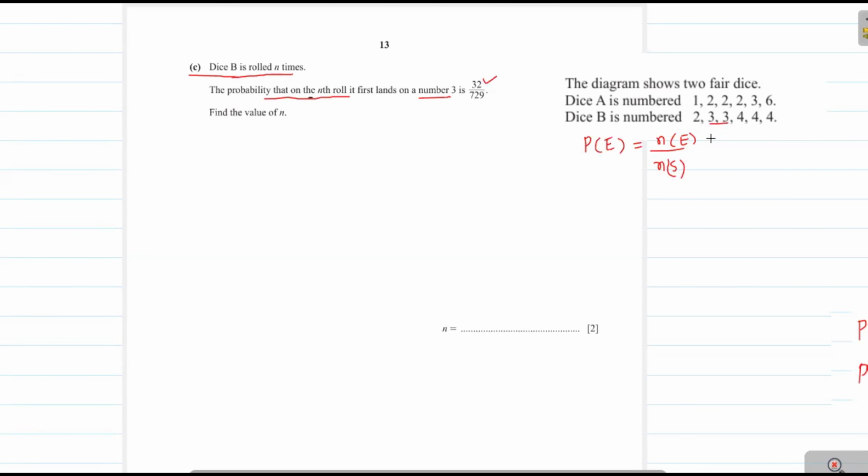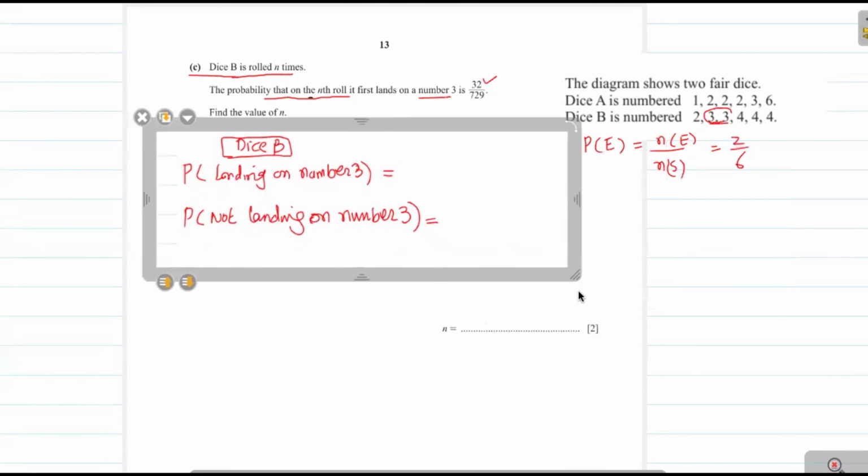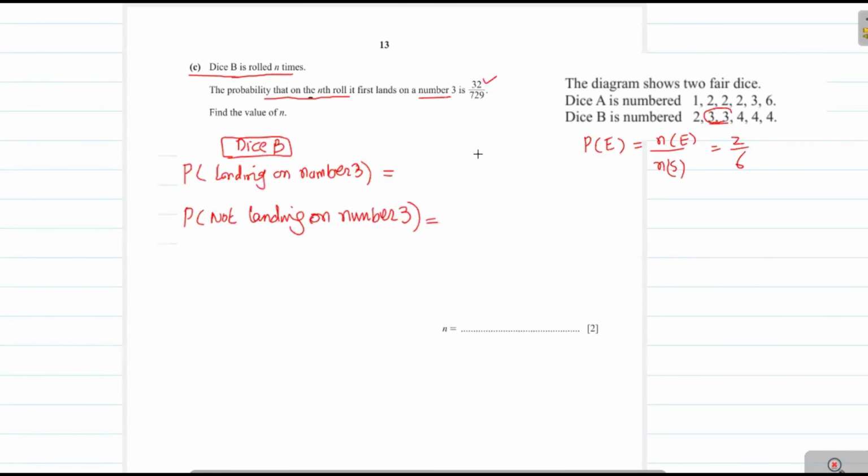You see here the number 3 lands 2 times out of 6. Therefore, the probability of landing on 3 is equal to 2 over 6, and this will be equal to 1 over 3. Now the probability of not landing on number 3 is 4 over 6, and this will be equal to 2 over 3.